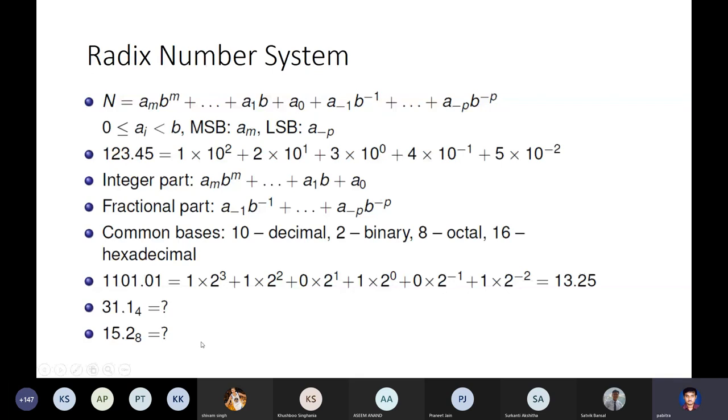Among these, the binary number system is what we will adopt in any digital system, because of the plain reason that since you have only 2 digits, 0 and 1, note that these bases are kind of implicit. So if you want to represent a number, you just need to represent the digits. The base is implicit in the representation rule, which is nothing but this radix system, a_m into b to the power m plus a_(m-1) into b to the power m minus 1.